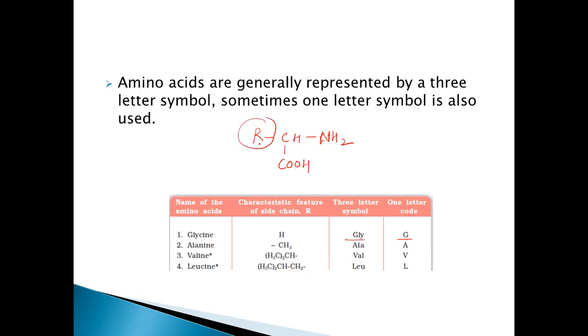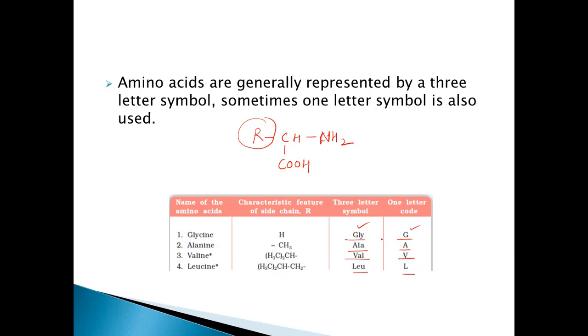Depending upon R, if R is H, we call it glycine: three-letter code GLY and single letter G. If R is CH3, it is alanine, ALA and A. If R is CH(CH3)2, it is valine, VAL or V. If R is CH2CH(CH3)2, we call it leucine, with single letter L.